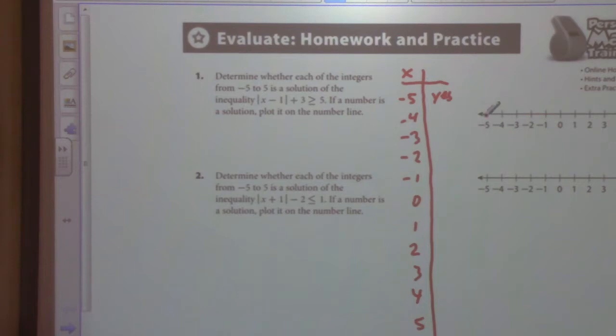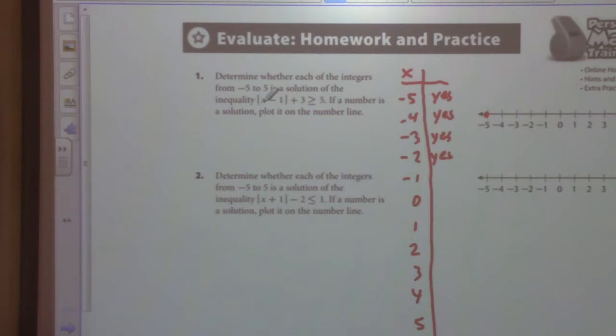So that means this integer is marked on our number line. Similarly, we go to -4. -4 minus 1 is -5, and 5 plus 3 is 8, which is greater than or equal to 5. If we take the similar thing, we're going to have yes, yes, yes.